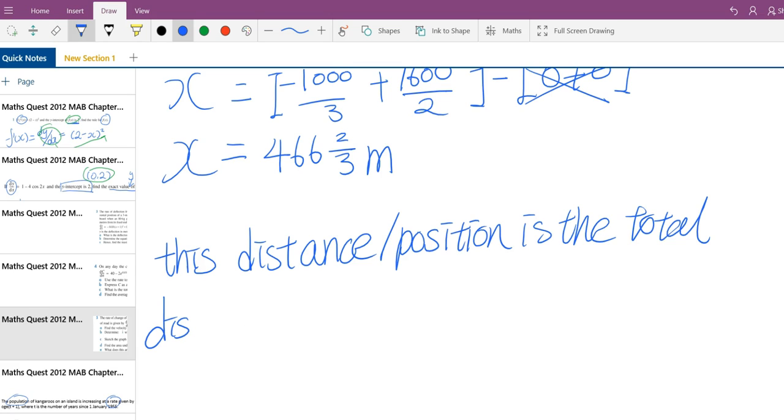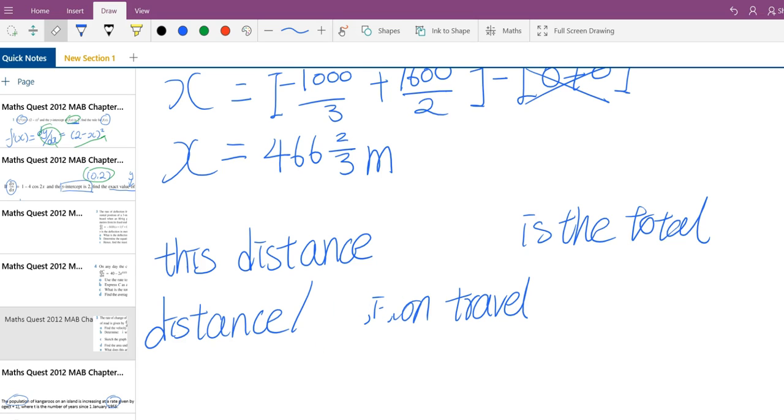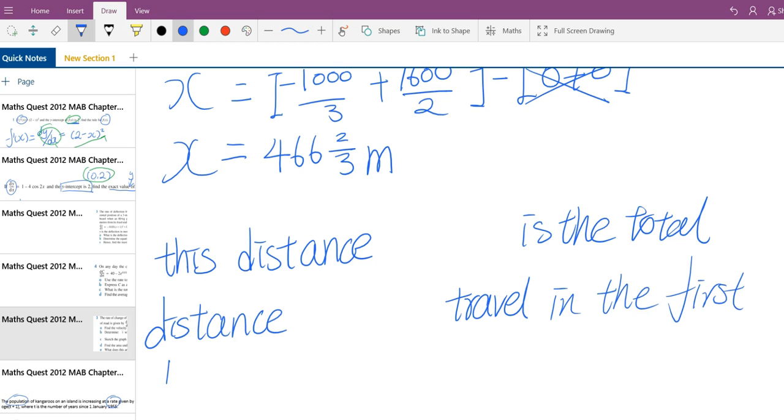Well, not really, but you know, the distance slash position traveled. Now the position one doesn't really work here. Let's just stick with distance. It sounds awkward if it's position. So it is distance traveled in the first 10 seconds.